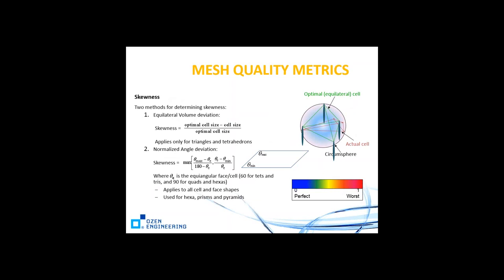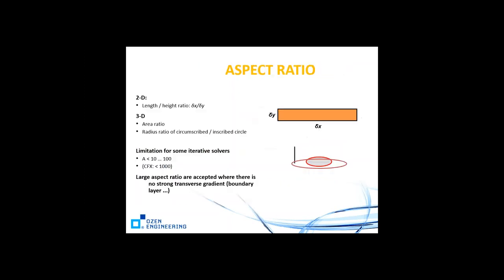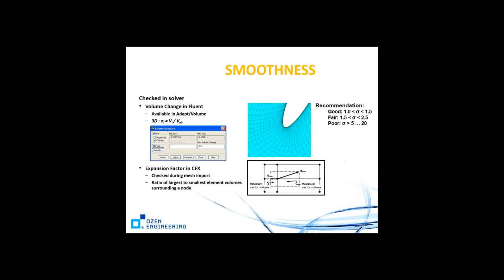What's the skewness criteria? If it's close to 0, those are good elements. If it's close to 1, those are bad elements. So there's a bunch of criteria. Aspect ratio is really important for both CFD and FEA.